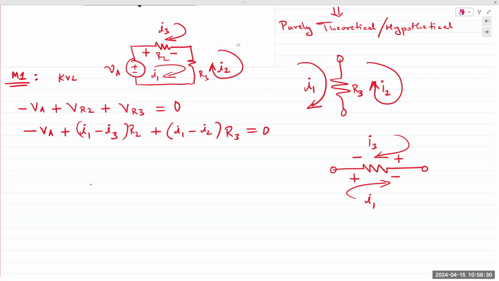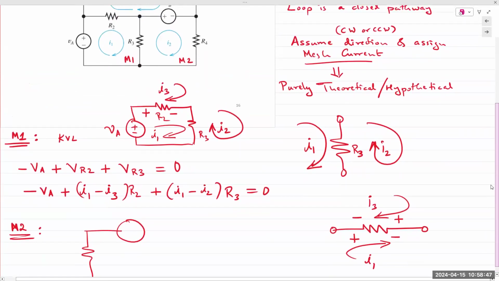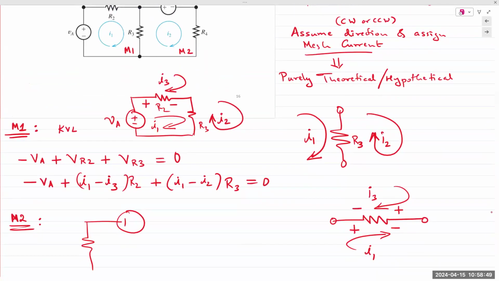Okay. So let's say mesh 2. If we do mesh 2, then what do I have? I have R3 here. I have a voltage source. And I have R4 on the right. So I've got plus minus VB.